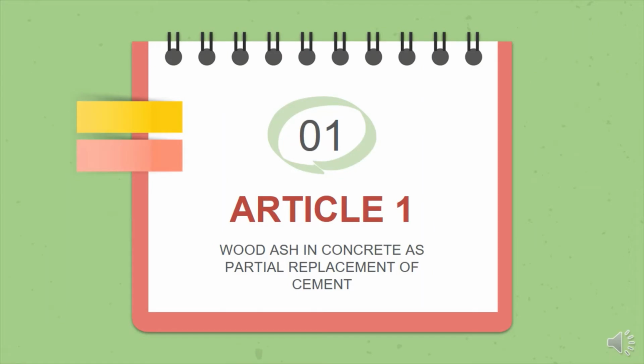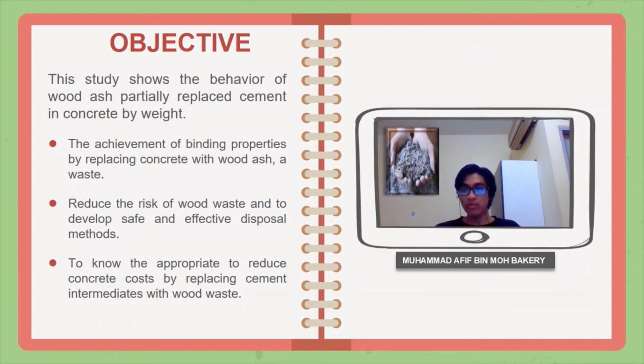So for the first article, which is wood ash in concrete as partial replacement of cement. Moving on, I will be presenting the objective for the first article. For the objective, this study shows the behavior of wood ash partially replacing cement in concrete by weight.